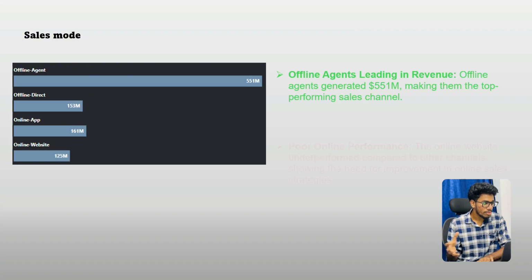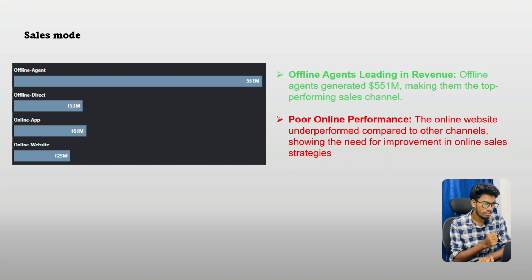Poor performance is observed from the online website, and we need to tackle what is happening behind the website, and whether there is any problem from the company's side or the customer's side.